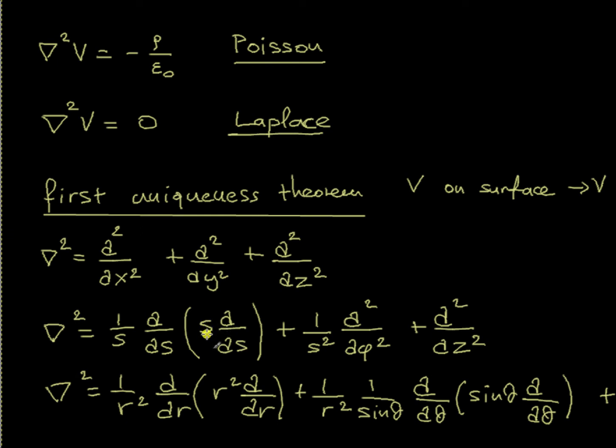Here, you have a term, s times the partial of potential, in our case, with respect to s. And then you have parentheses. And then outside of the parentheses, you have another partial with respect to s. Here, when you do your calculations, you will take the partial of a product. And remember to keep this in mind.